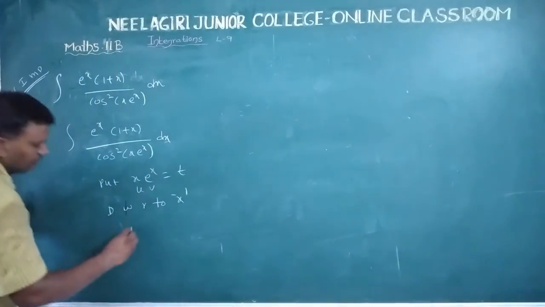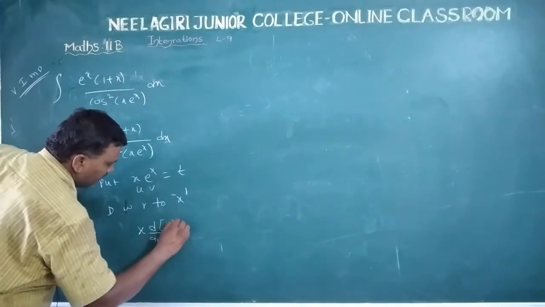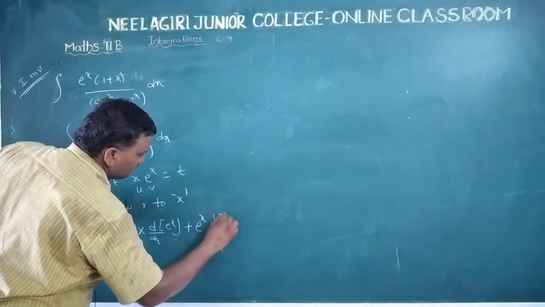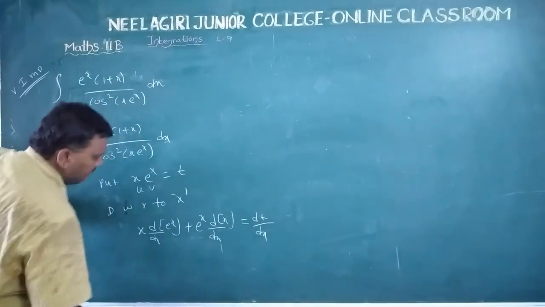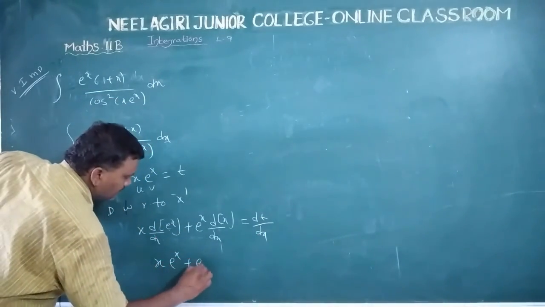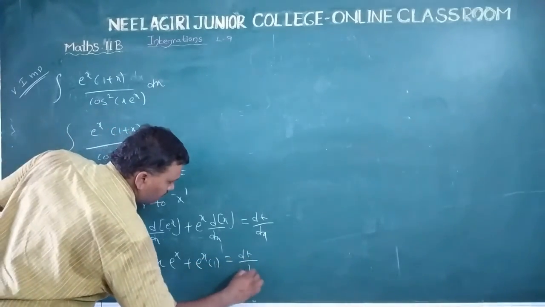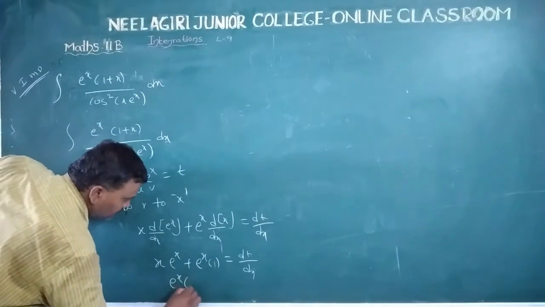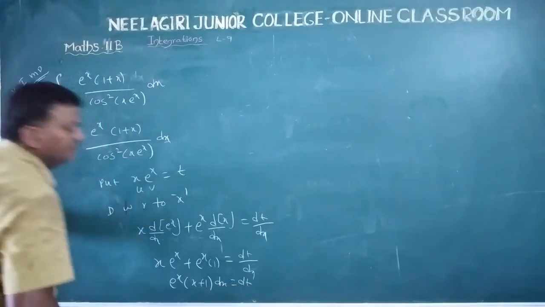So x into d by dx of e power x plus e power x into d by dx of x is equal to dt by dx. The derivative of e power x is e power x, and the derivative of x is 1. e power x is common, so e power x into (x plus 1) dx is equal to dt.